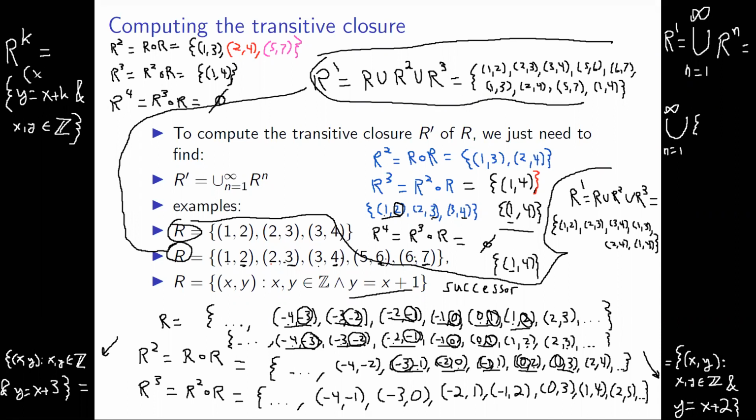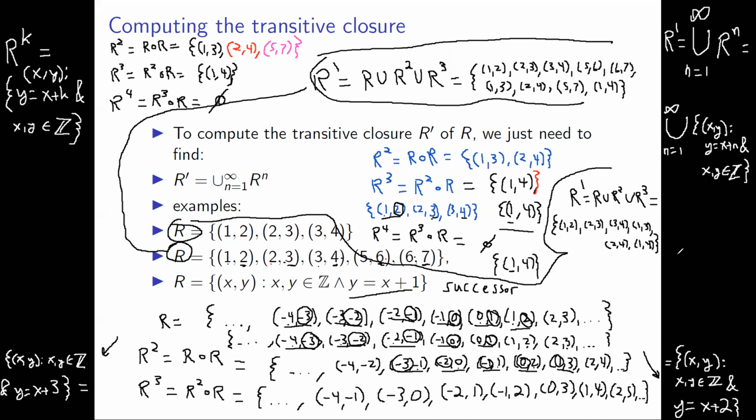And I should have written ordered pair here. So these sets are all ordered pairs, x comma y, and we can write y equals x plus n, and both x and y are integers. So that is the transitive closure of the successor relation in the integers.